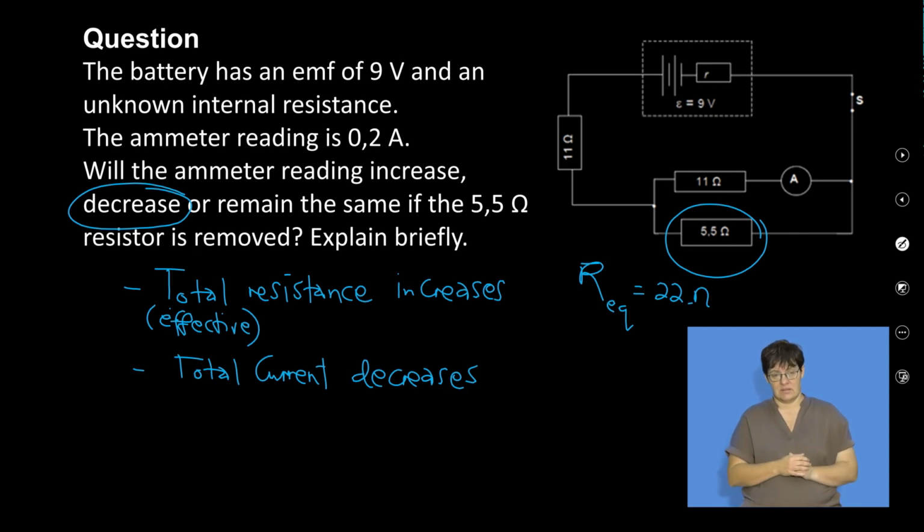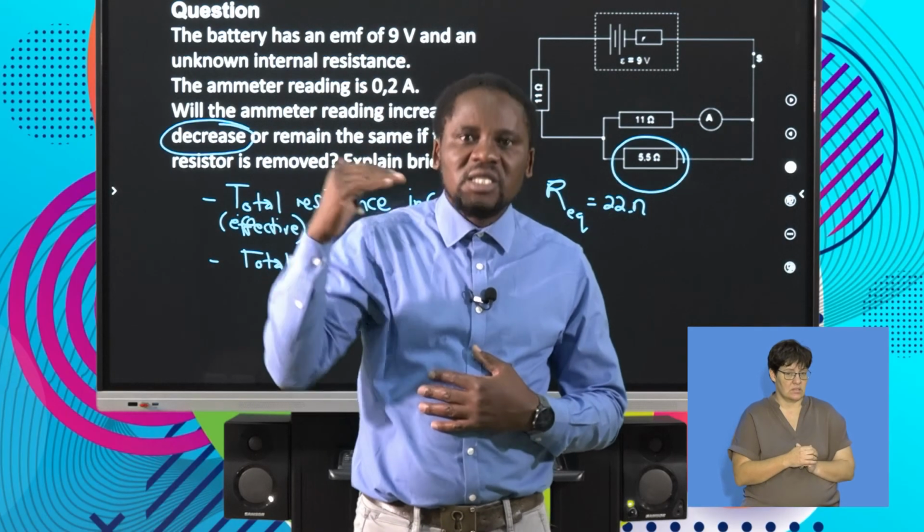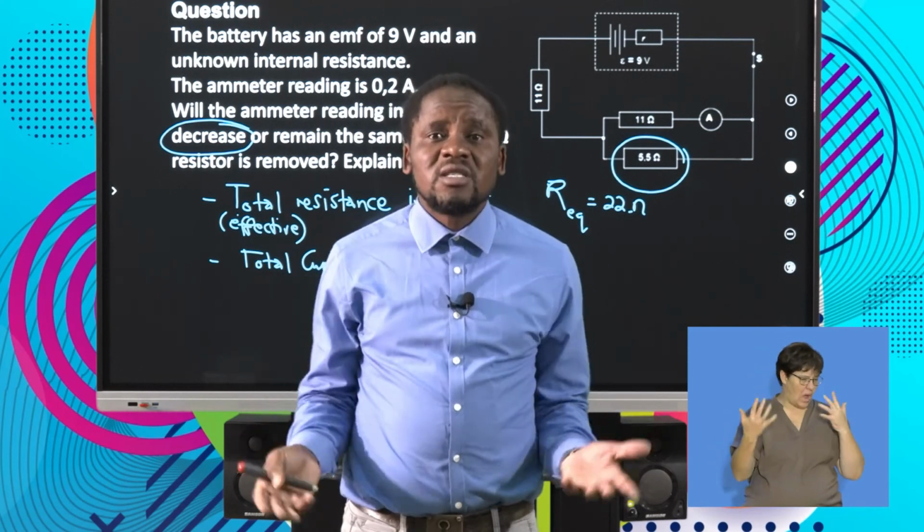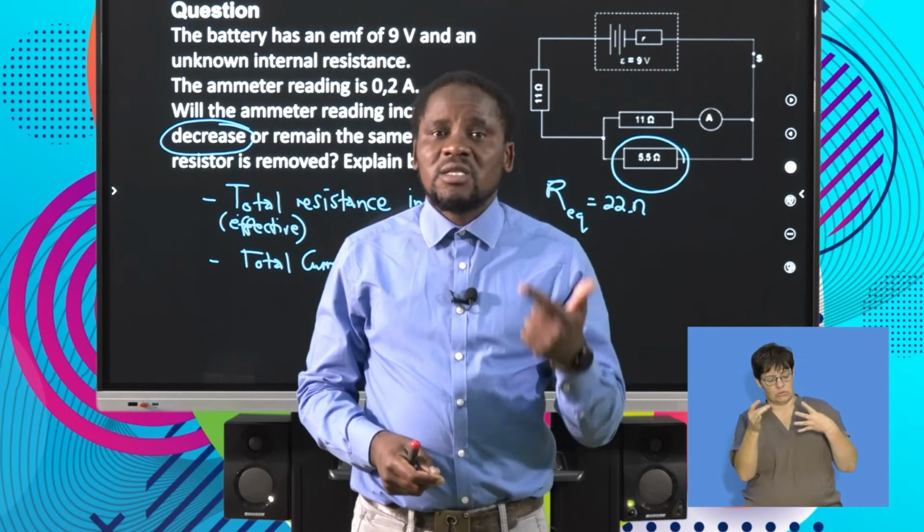It's very important for us to try and follow the argument in terms of how we manage to get to that. So what is important is also how we reason out our answer. Yes, it is a multiple choice: increase, decrease, remain the same.